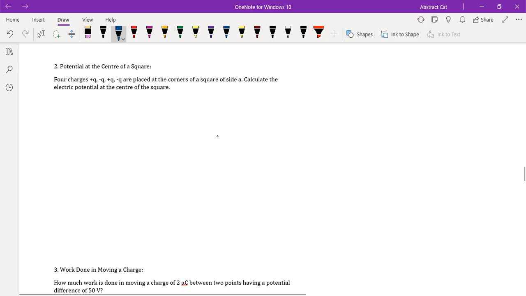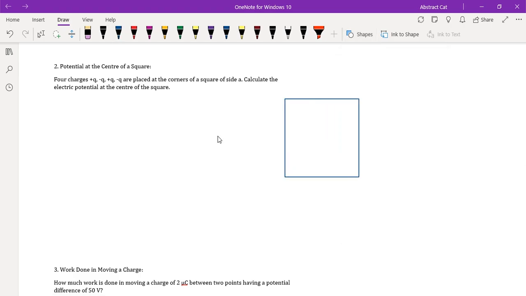So here is the square, and these are the 4 charges: plus Q, minus Q, again plus Q, again minus Q. Here we are calculating the potential at point C.